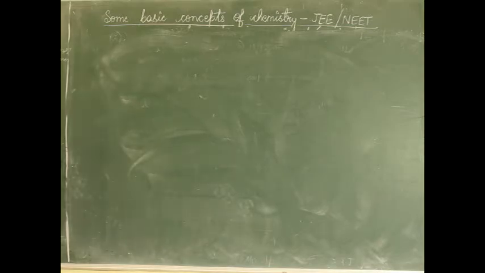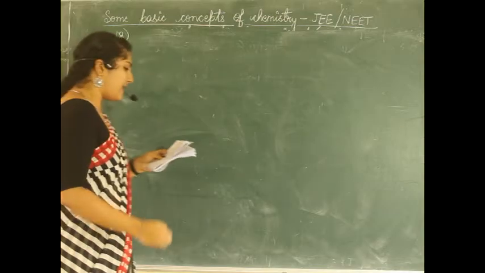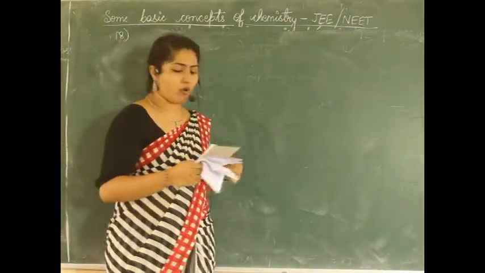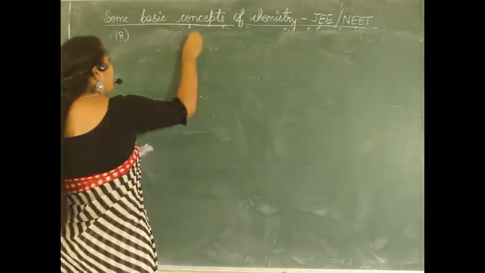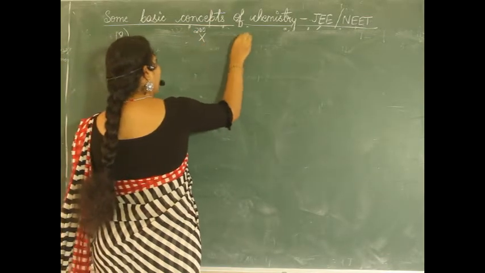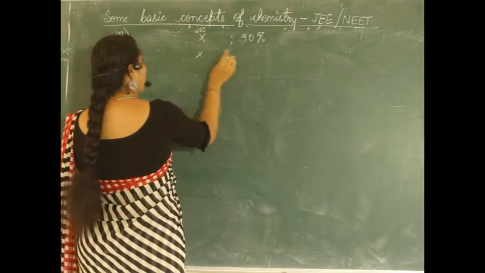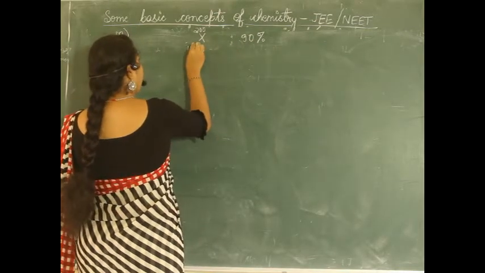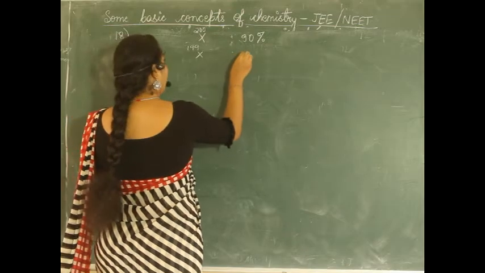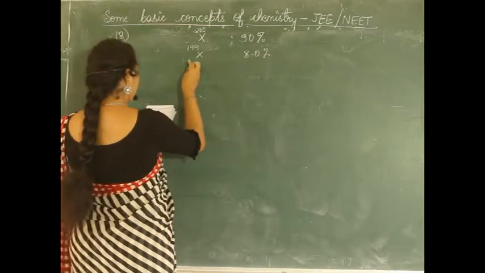So what is the question given? In the question, it's mentioned that there are 3 isotopic compositions. In one, X200, that means atomic mass is 200 with a percentage abundance of 90%. The second one has atomic mass 199 with 8% abundance.